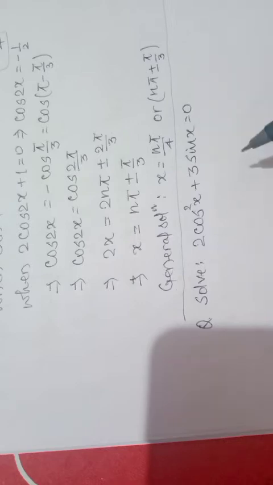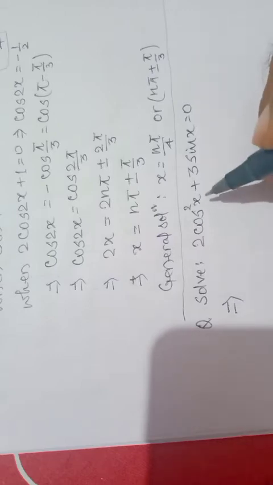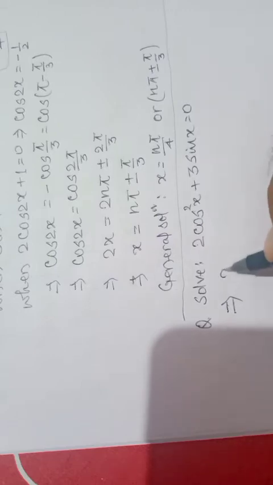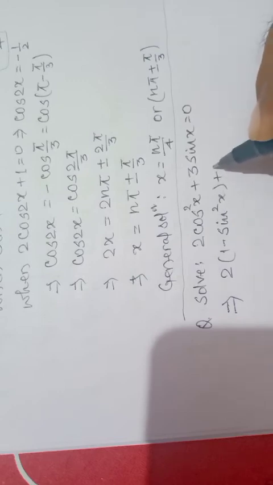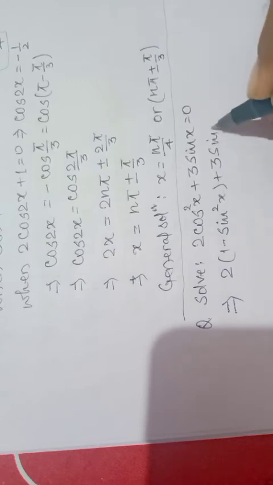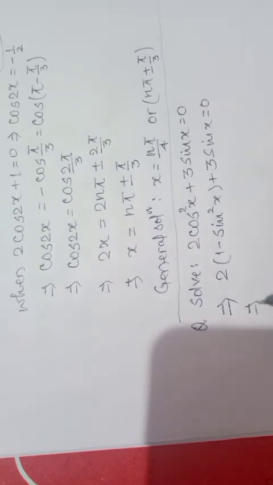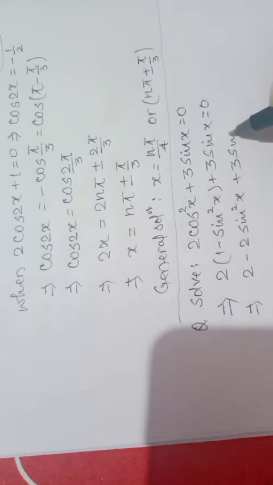Solve the equation. First of all, convert this one in terms of sin. That is 2 into (1 minus sin square x) plus 3 sin x should equal 0. Open the bracket: 2 minus 2 sin square x plus 3 sin x equal to 0.